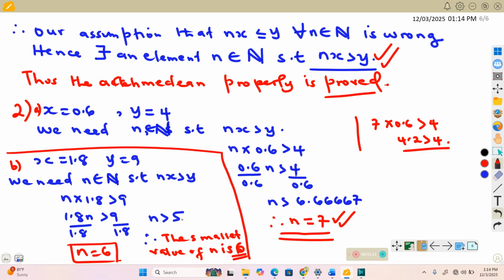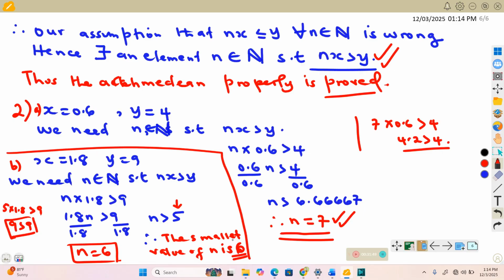If you take n equaling 5, will 5 times 1.8 be greater than 9? 5 times 1.8 gives you 9, and 9 cannot be greater than 9. This is not true. So you must get the number which is next and above 5, so n greater than 5.